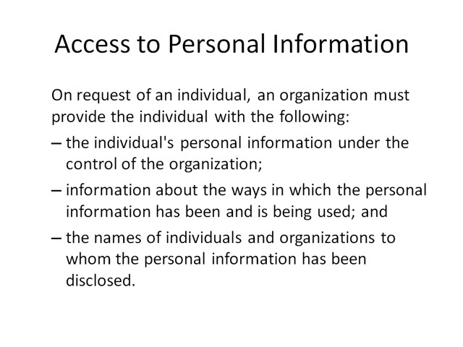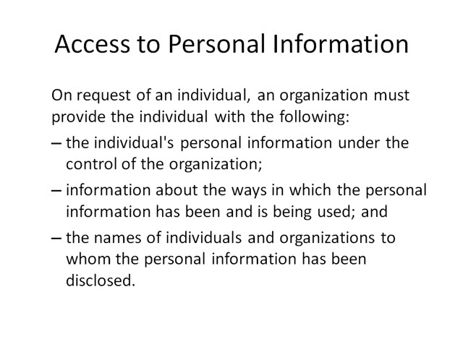So an organization is required, on request of an individual, to provide them with 3 types of information. First, what information do you have under your control? And again, that includes not just information that you have in your files, but information that maybe some service provider that you've hired has.